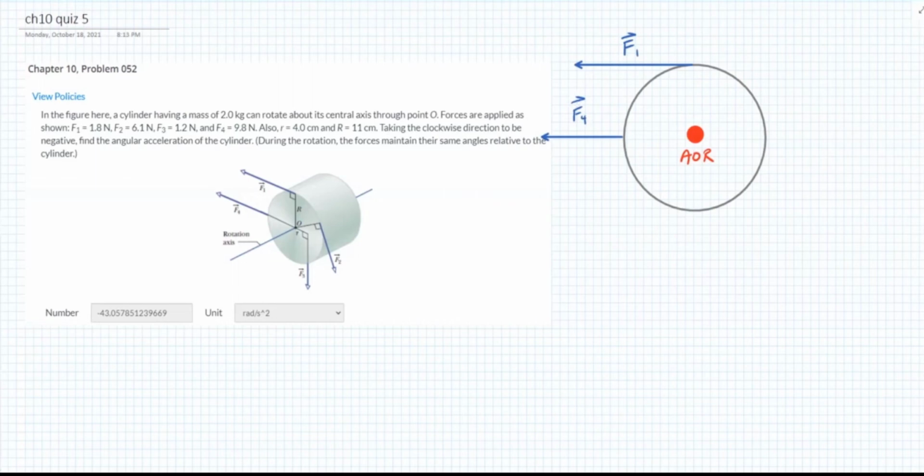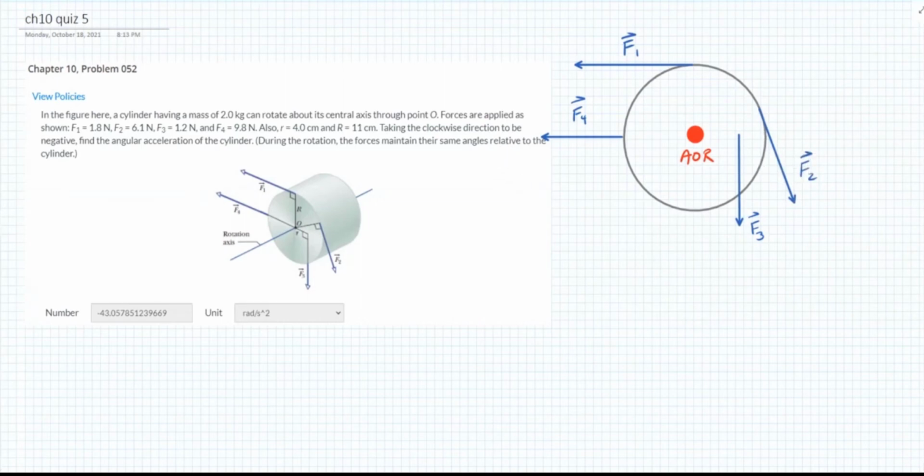F3 is going over here somewhere. Let's say it's going straight down. Doesn't really matter. So this is F3. And last but not least, F2 is also tangential. It's another tangential force like this. I'll try to draw that as a tangent. F2. There you are. Those are all the forces.